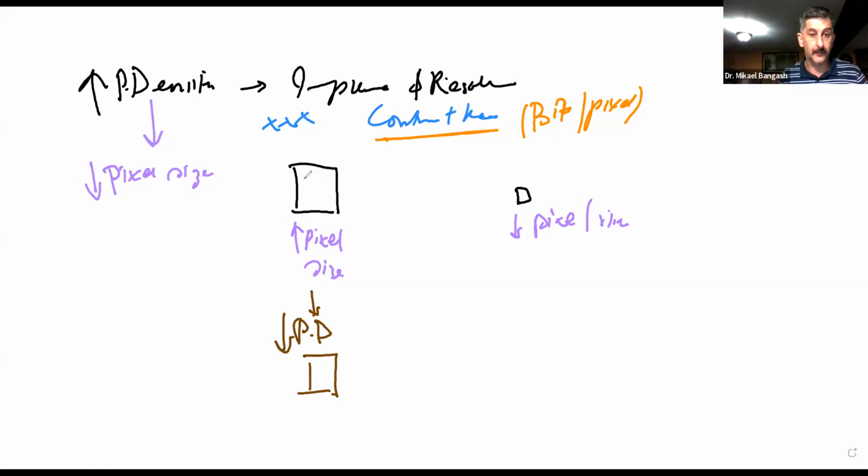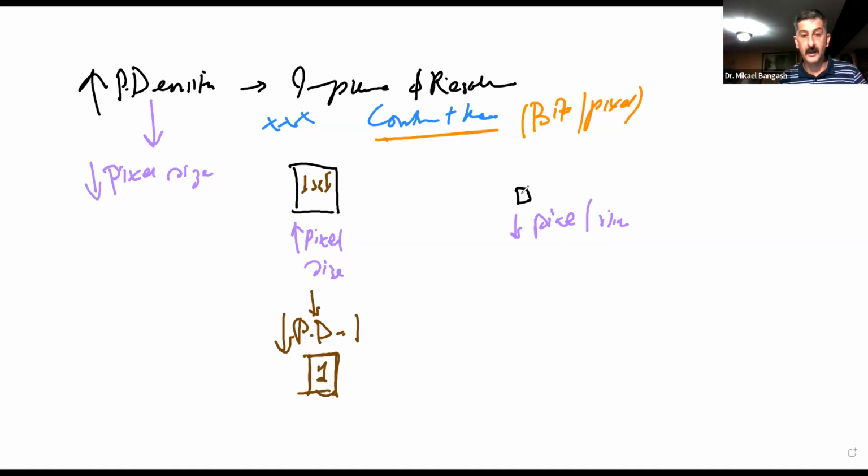If your pixel size was 1 square inch, you would have a pixel density of 1, because in 1 square inch you are only going to be able to fit in 1 pixel.